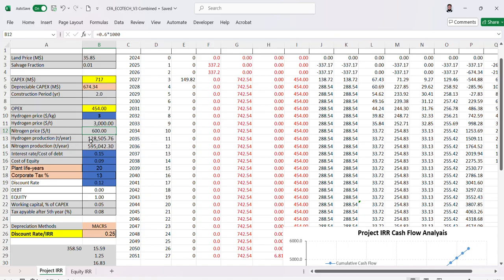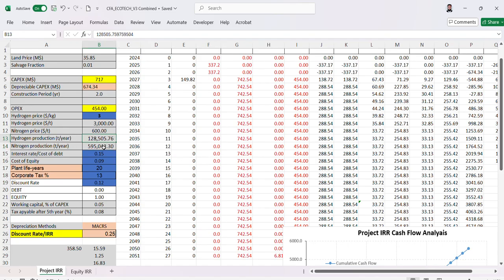We assume the production rate of hydrogen per year is 128.505 thousand tons, or if I say 128 kiloton per year.